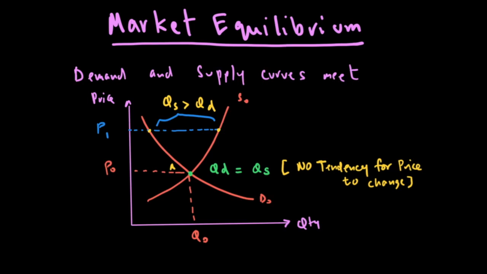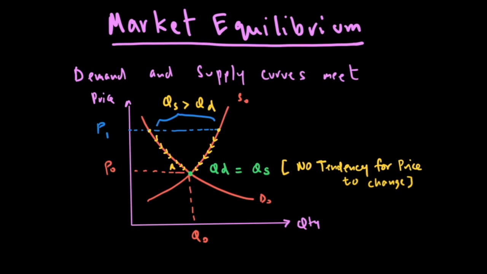So the only way we could get rid of the surplus is by lowering the price. So producers will start to lower their prices, and as they do, consumers will be encouraged to buy more of the good until we come to point A, which is in equilibrium.